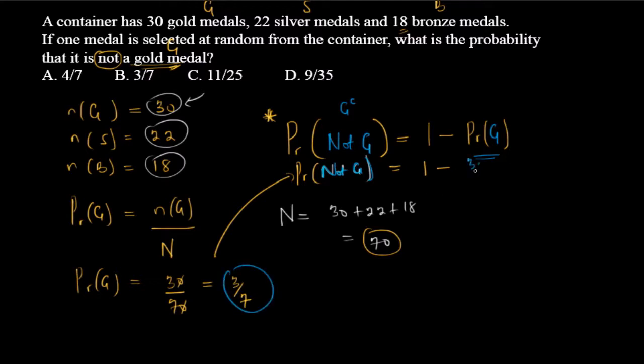This gives us 1 minus 3 over 7, that is 4 over 7. So this is our solution, and the answer is A.